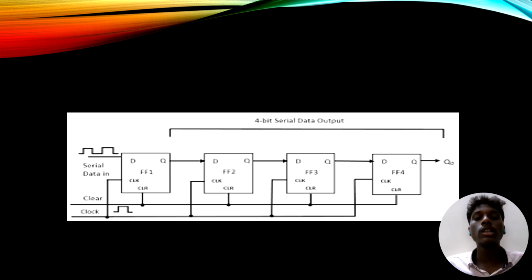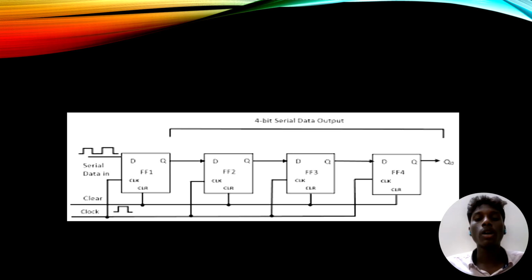Now we will see the working principle of this circuit. The input data is applied at the serial data in terminal. When a clock pulse is applied, the flip-flop FF1 receives the first bit of data from the serial input. On the next clock pulse, this bit is shifted to flip-flop 2 and flip-flop 1 receives the next new bit.